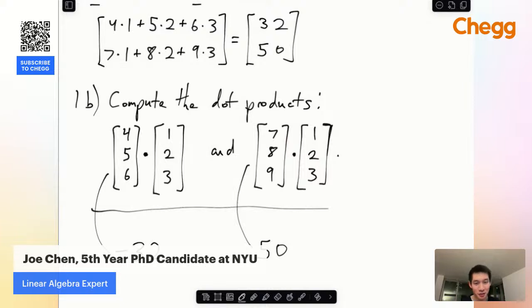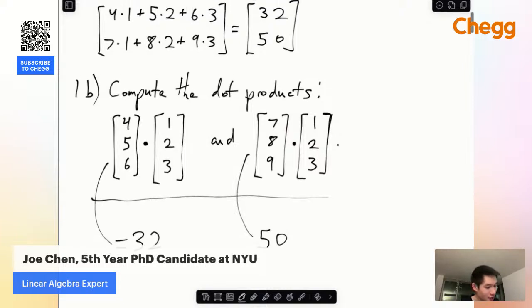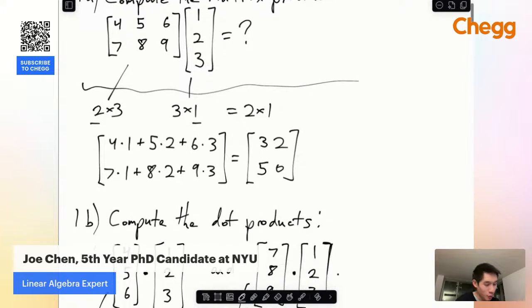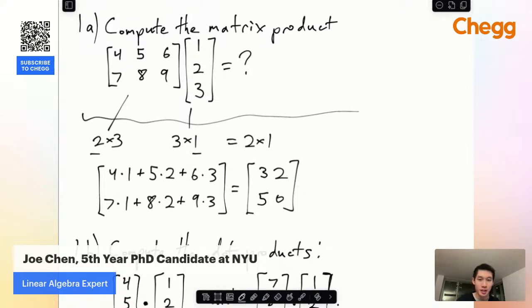This highlights that there are two ways to view matrix multiplication. One we'll see in my next example that I prepared. But one of the two is to view it as doing a dot product for each row.